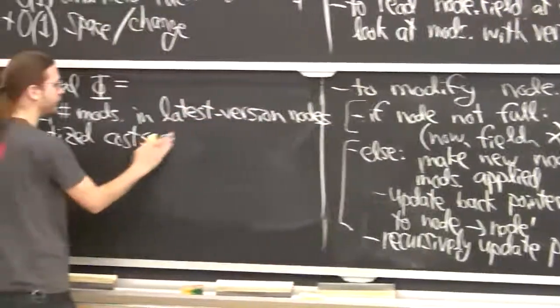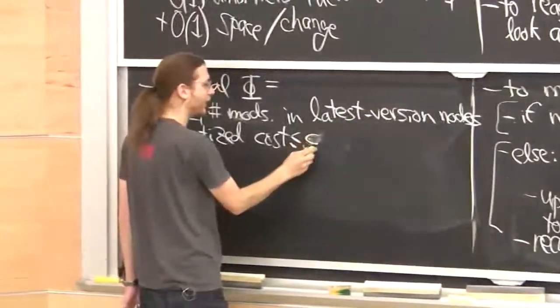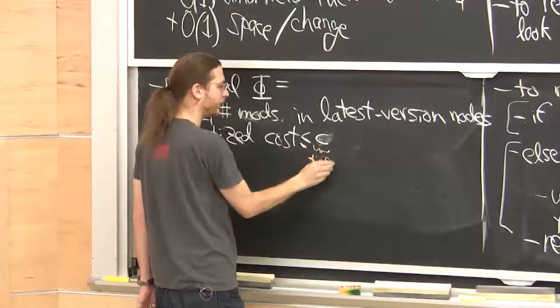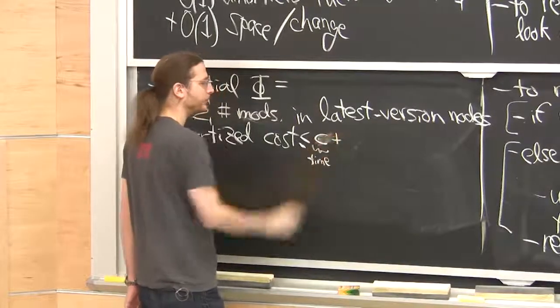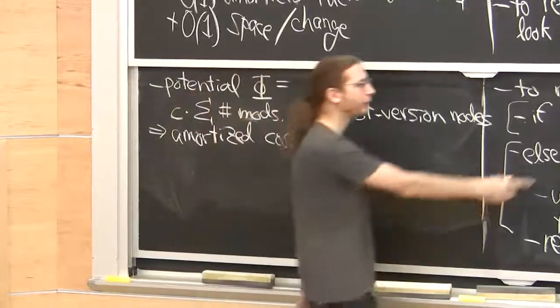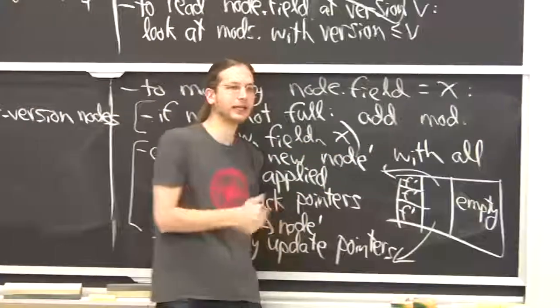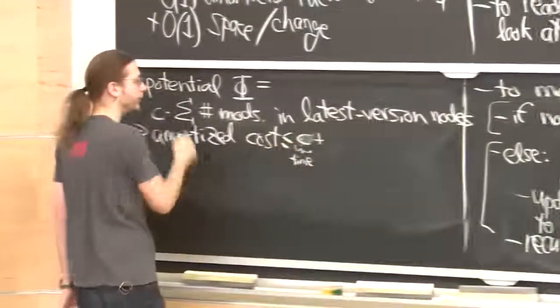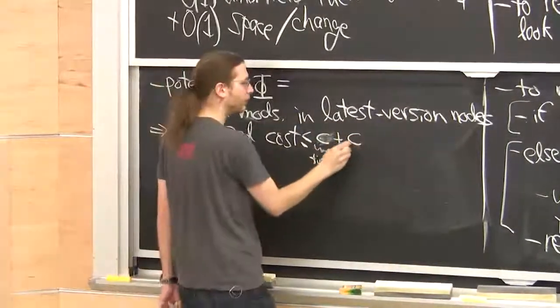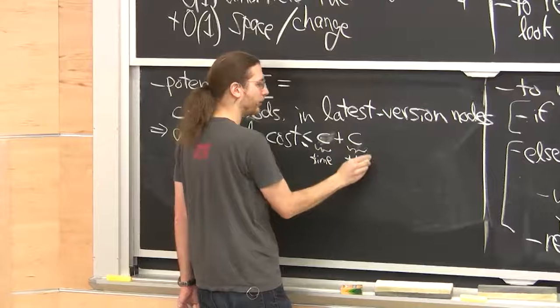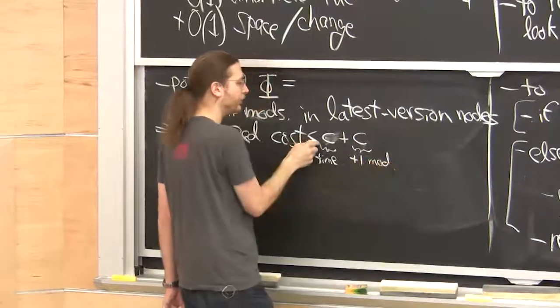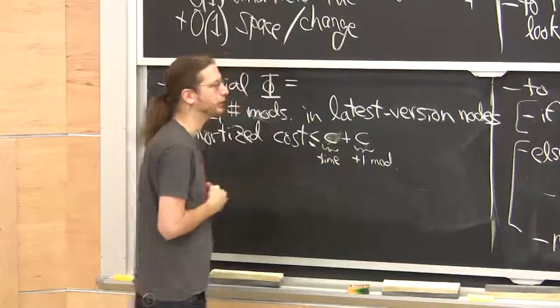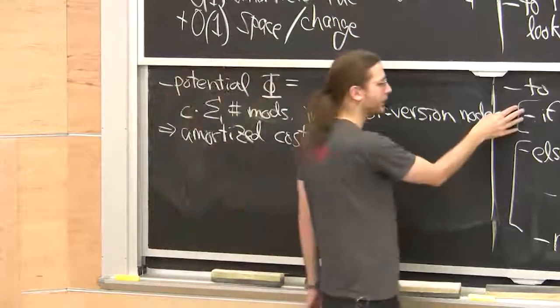So that's some constant time. That's the part that I don't want to try to measure. Then potentially we add a new mod. If we add a mod, that increases the potential by C, because we're just counting mods multiplying by C. So we might get +1 mod. This is going to be an upper bound. We don't always add one, but worst case we always add one, let's say.